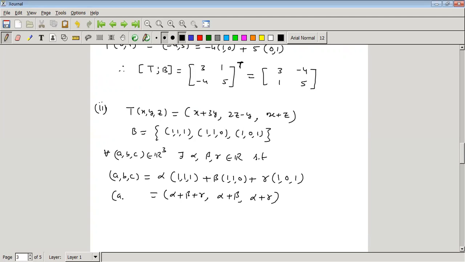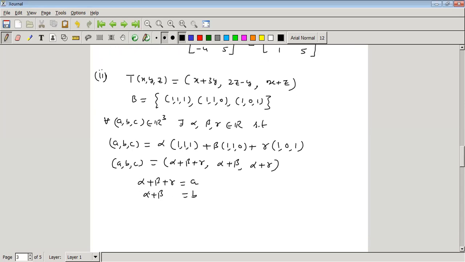So if we compare, two ordered pairs are equal if and only if alpha plus beta plus gamma equals a, alpha plus beta equals b, and alpha plus gamma equals c. Call these equations 1, 2, and 3.